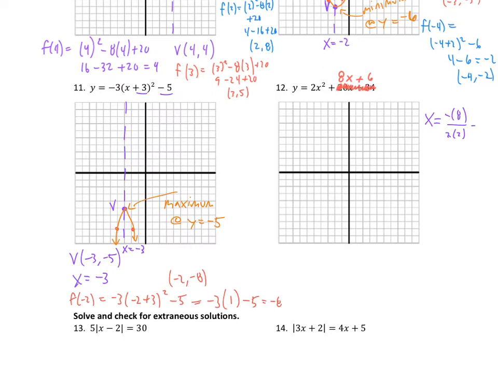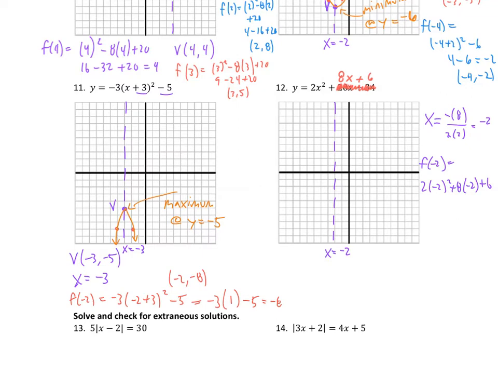So -8 divided by 4, which is -2. So at -2, my axis of symmetry, so I'm going to plug in -2.